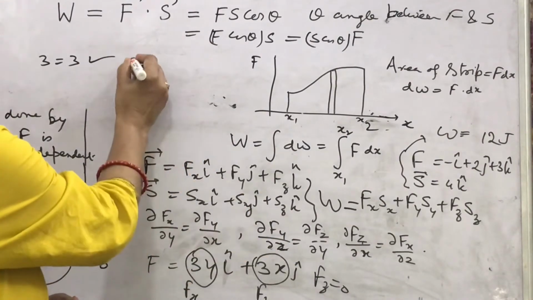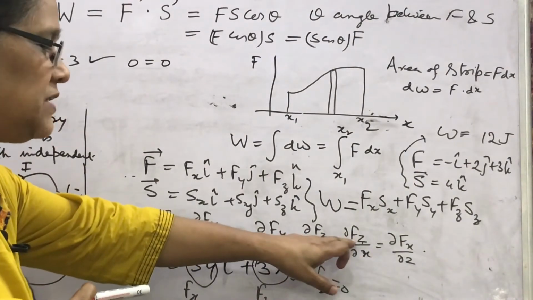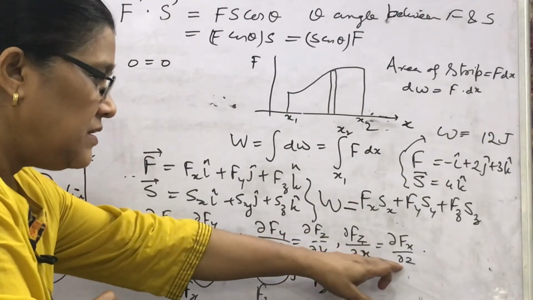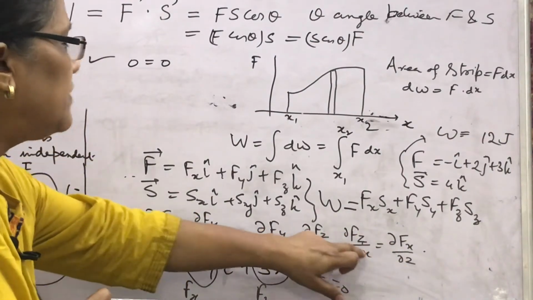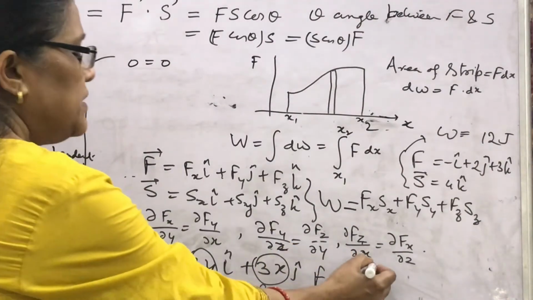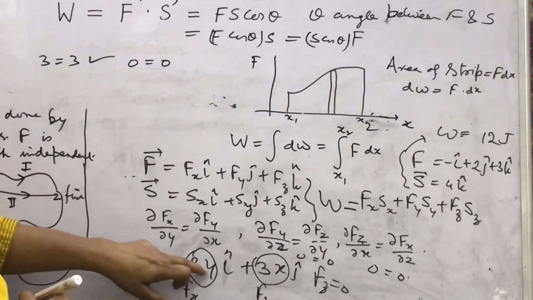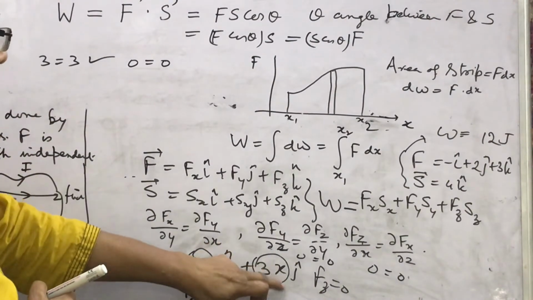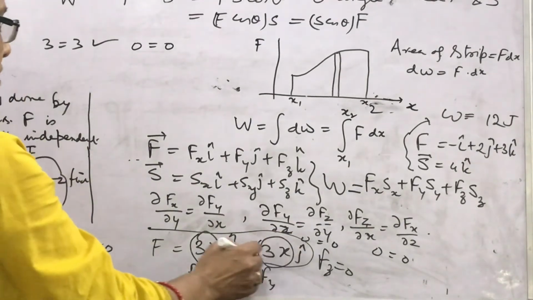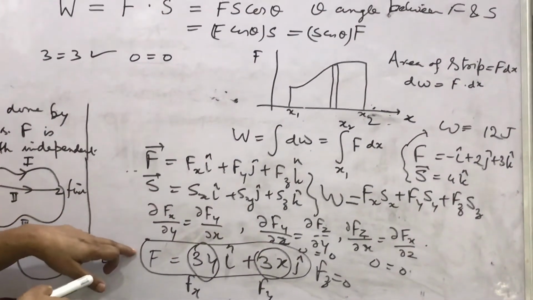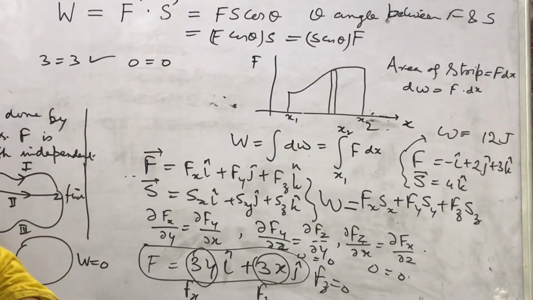In the third equation del fz is 0, and fx with respect to z will be 0. So in these two equations you will find 0 equal to 0. And in the first, 3y upon y and 3x upon x, so 3 equals 3. So the equation of this force represents that the force is conservative. In this way it is checked whether the force is conservative or not.